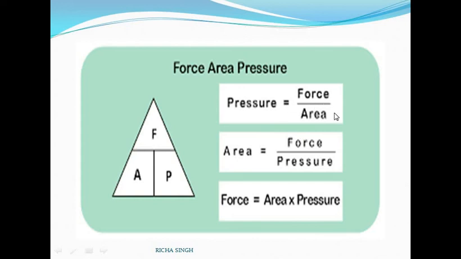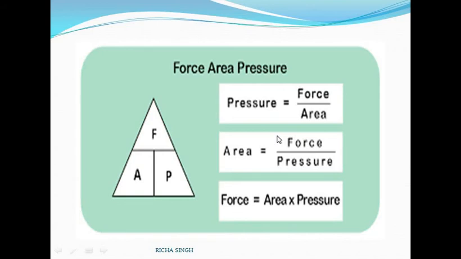Next derivation is area is in the denominator, as you can see here. So if area is increased, the pressure will decrease. This means pressure is inversely proportional to area. Two derivations. Pressure is directly proportional to force, means increase in force increases the pressure, and increase in area decreases the pressure. Okay, be very clear with these two derivations.